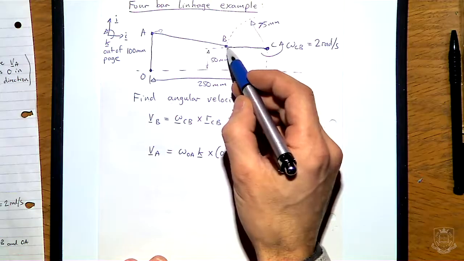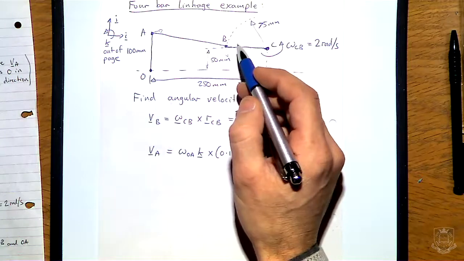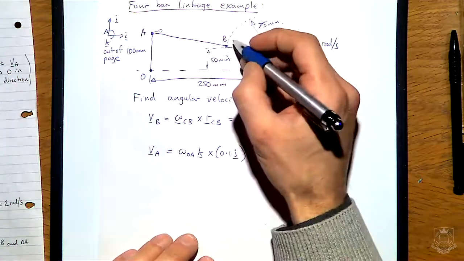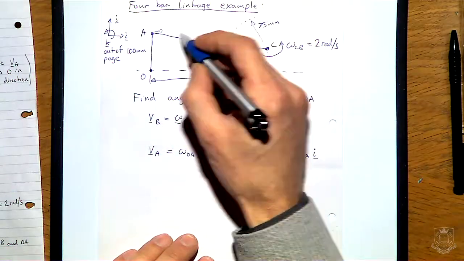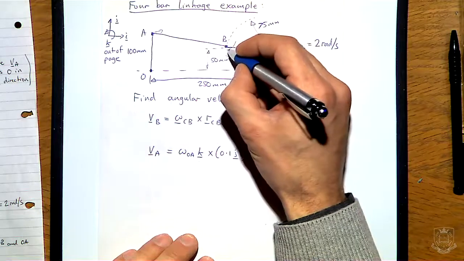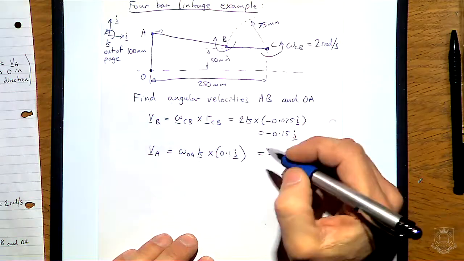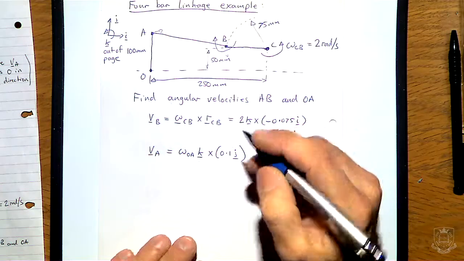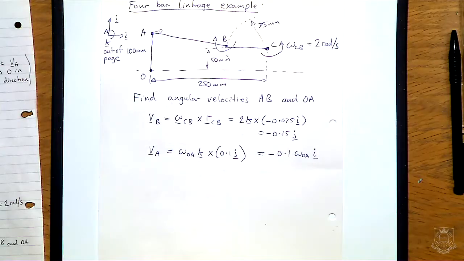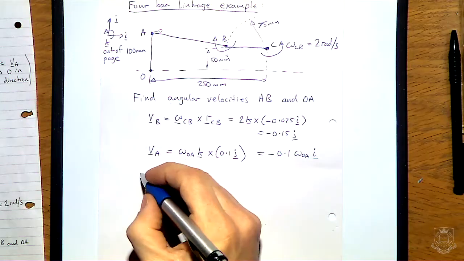So I'm going to assume that as this is moving down and this is moving across, there's a rotation here around point B. As this thing is going down and across like this, I'm assuming that I can work out the velocity of B relative to A as the rotation times that distance.